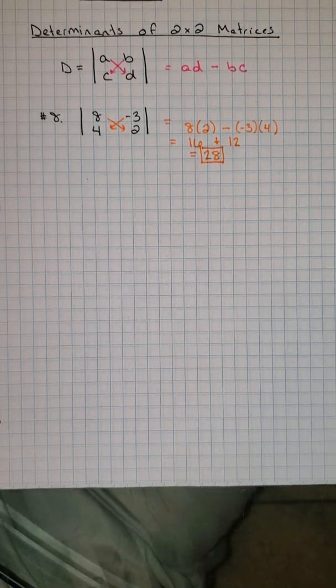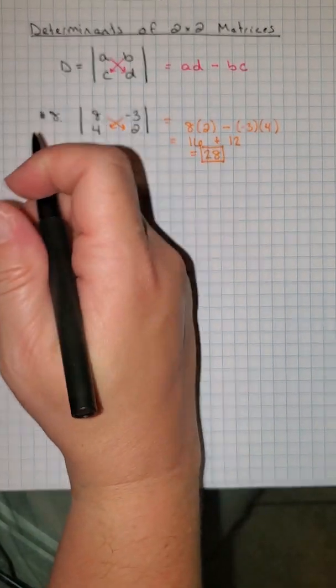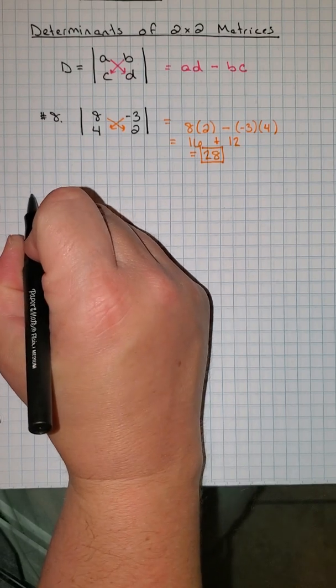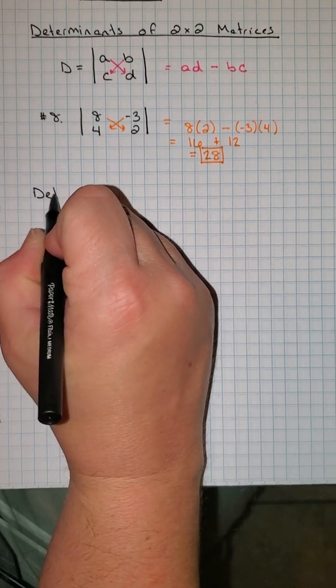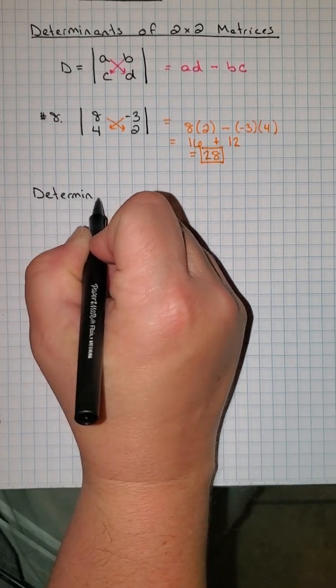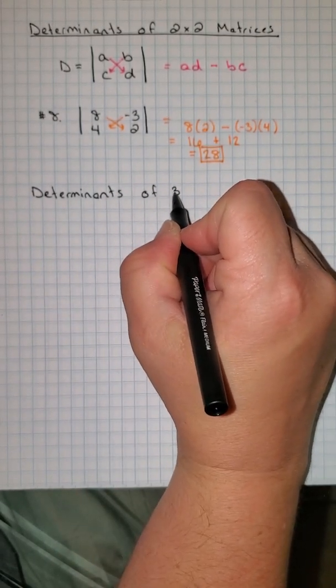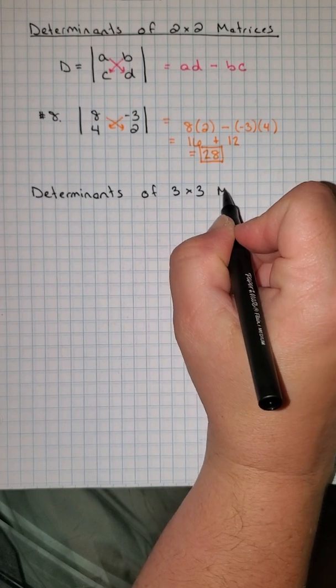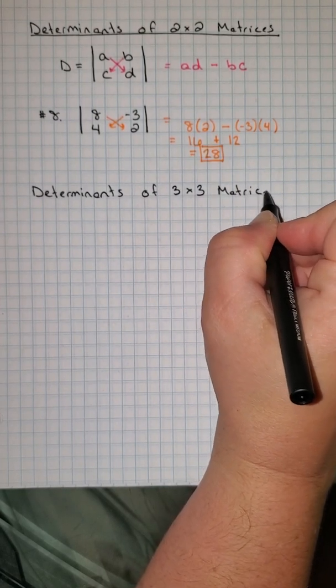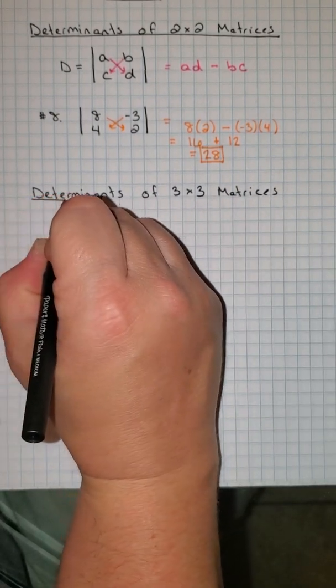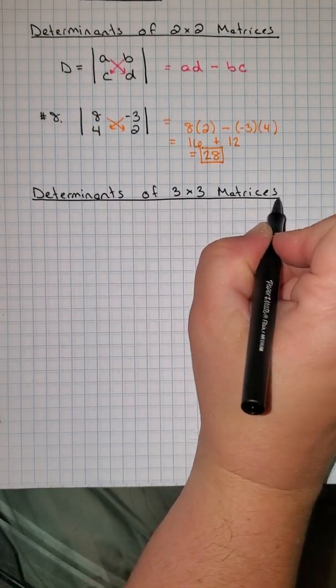When you're doing a 3 by 3, it's definitely harder, just more involved. The concept's still the same. And there is a way to do these on calculators, but of course I'll show you both ways.